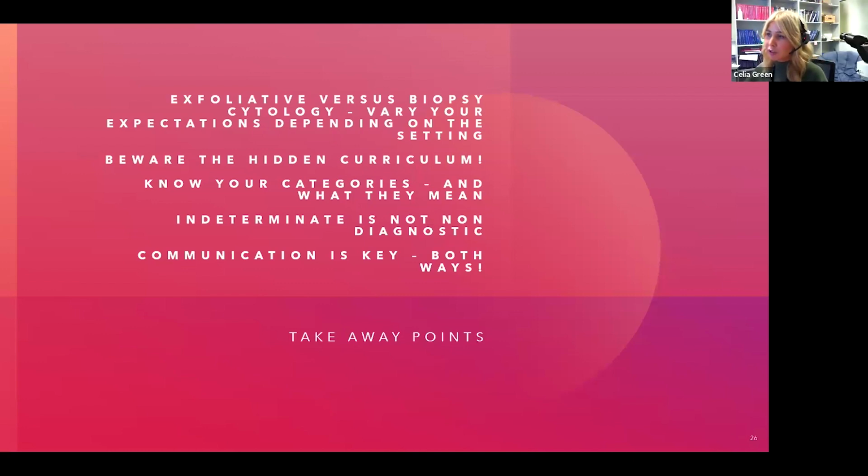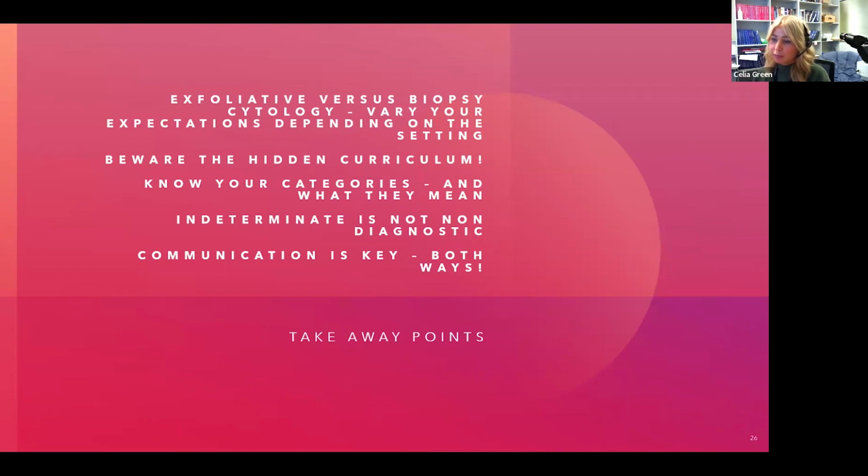It is. I would say a very narrow range of variability is acceptable. What you're going to get in practice is a very broad range of variability. Particularly in Australia, there's quite a large divide, I think, east-west in terms of cytological practice. So you're going to get lots of variability.